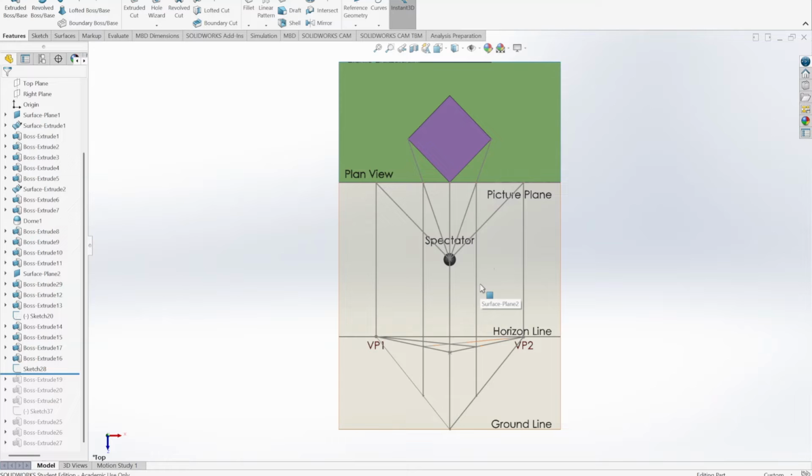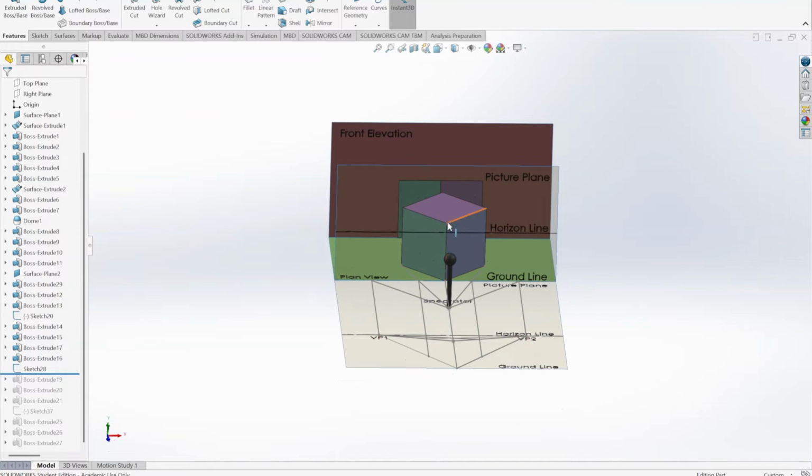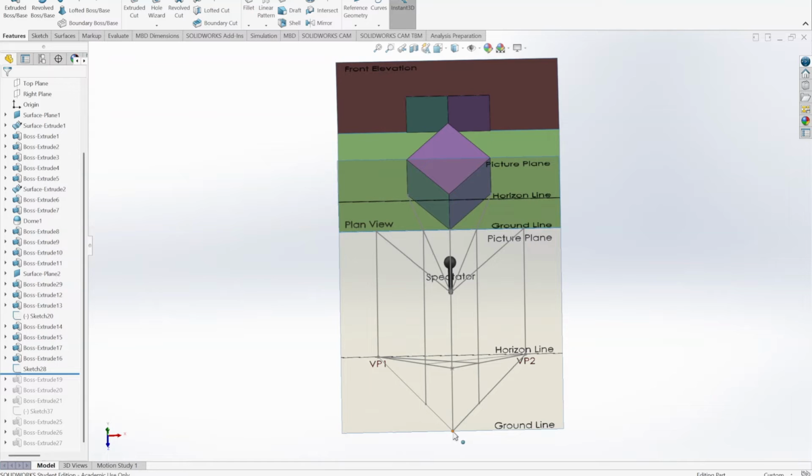What we then did was bring a line straight down until it hit the ground line. Because this edge is directly on the picture plane, we can bring it straight down to the ground line. And one of the golden rules with perspective is that if there is a point on the picture plane, it is an exact height.